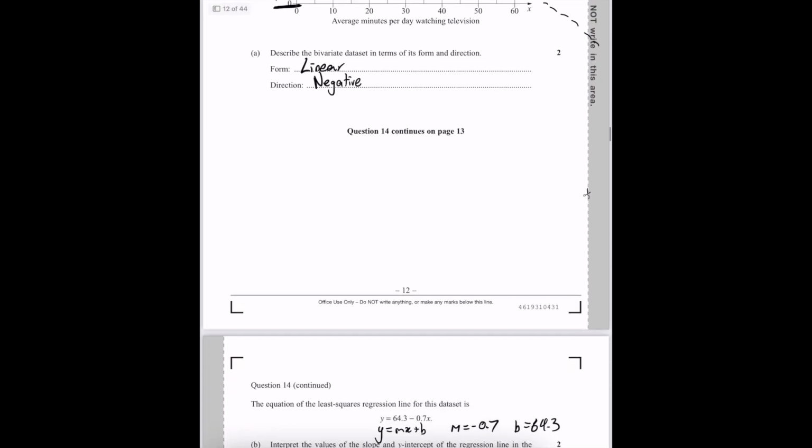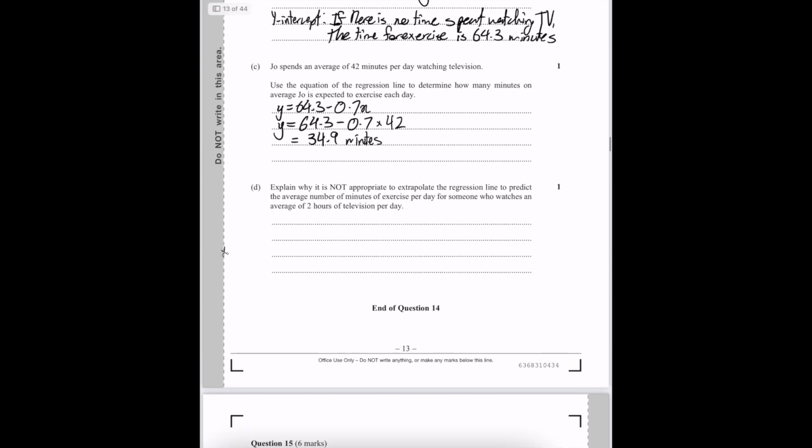So what we're going to do in the actual question is essentially solve it. We're going to say y equals 64.3 minus 0.7 times 120, because it's 120 minutes in 2 hours. And that gets us minus 19.7 minutes.